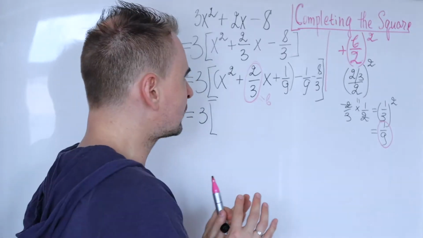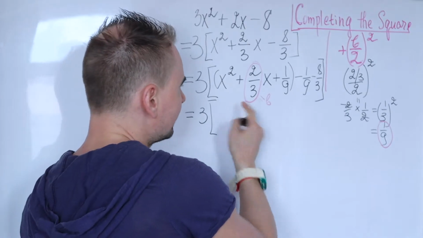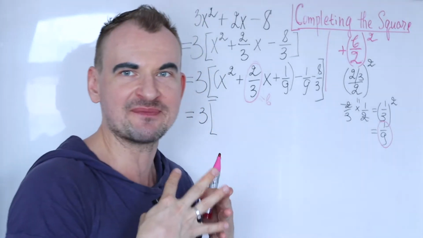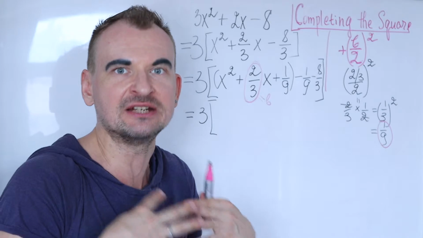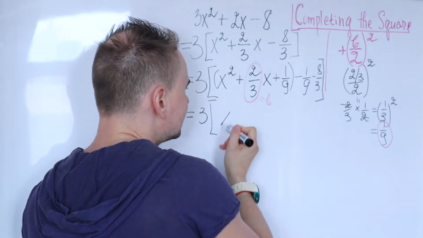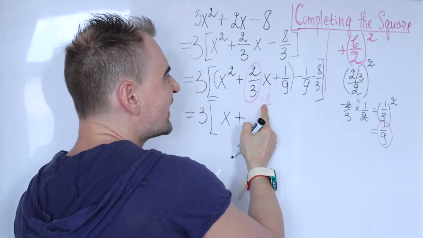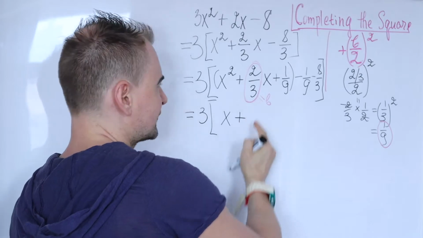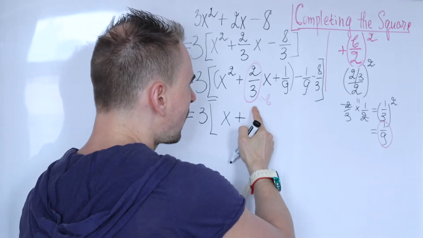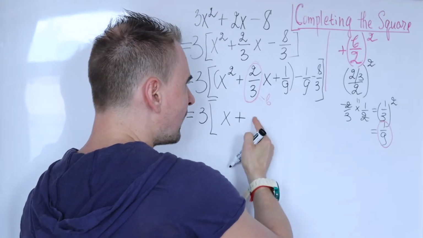So we basically could squeeze it, squash it, and instead of this, that's our aim, that's our goal, what we want to do. So instead of this, you would simply get x plus, you need to take the half of your term.